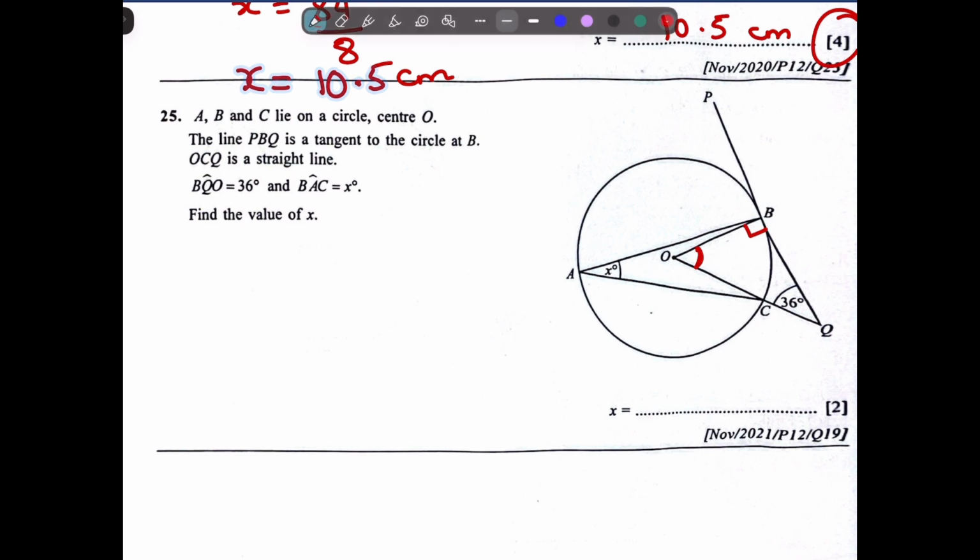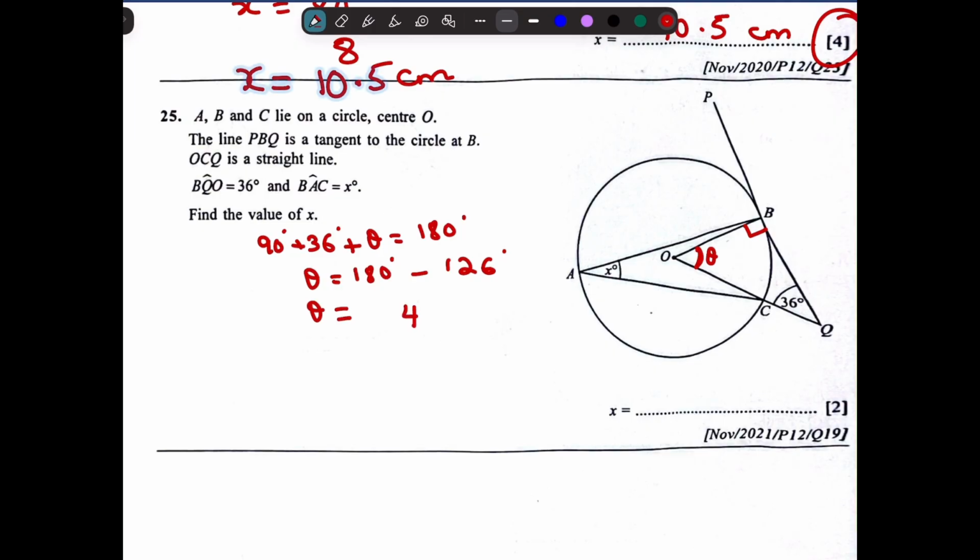Let's call it theta. So 90 plus 36 plus theta should be equal to 180. So theta is 180 minus 126. Theta is going to be 54 degrees. All right. So let's mark this as 54.